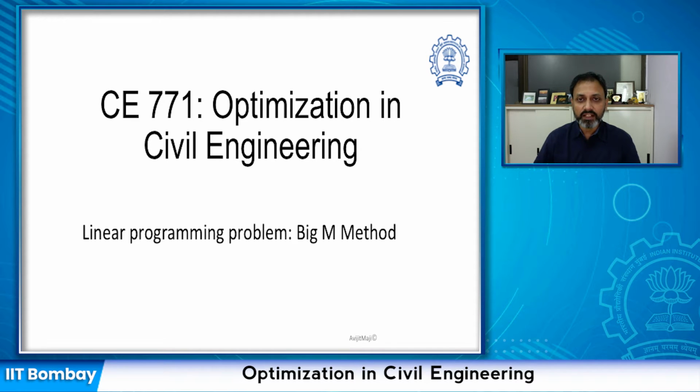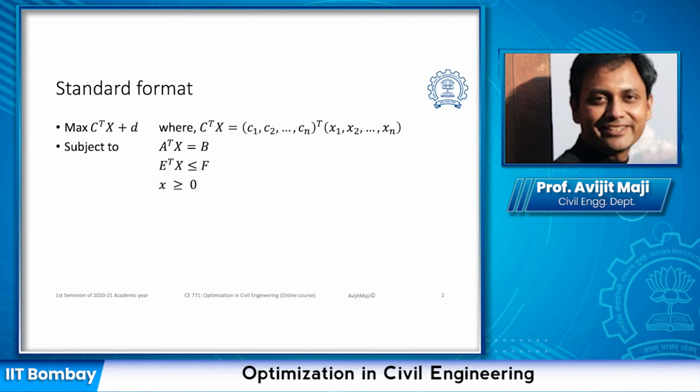With this understanding, as I had said in the last class, apart from the two-phase method, there are other methods to solve. In today's lecture, we'll be discussing one such method, and we'll also discuss a few special cases. We'll start the class by revisiting the standard format of the LPP.